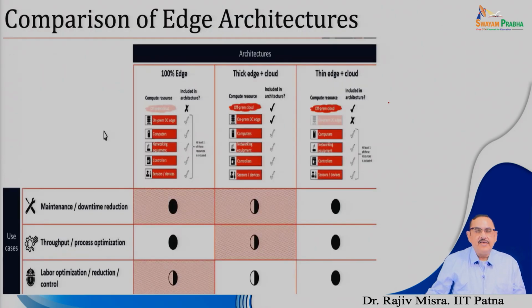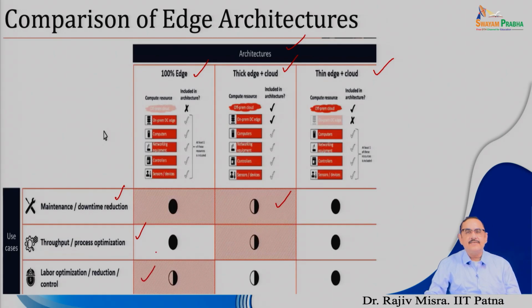So, in a comparison of these edge architectures, you can see 100% edge versus thick edge plus cloud or thin edge plus cloud. What you can see over here is the maintenance or downtime reduction, and in both these cases it is shown over here, and throughput and process optimization you can also see in this comparison, and labor optimization, reduction in control.